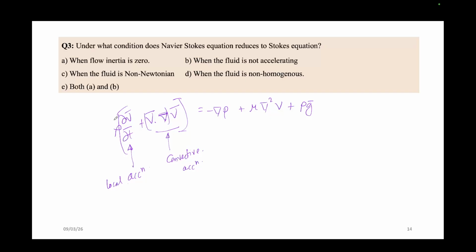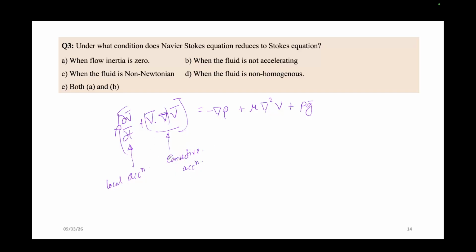On the left-hand side of the momentum equation, it is the rate of change of momentum, which is basically mass into acceleration. This part is the acceleration, and density means the mass is coming into account. So mass into acceleration is force. Similarly, this is acceleration, this is mass, density. You got it? So that's why this is the force.